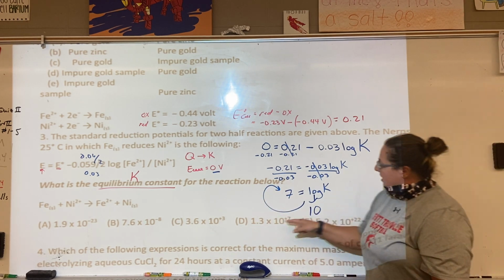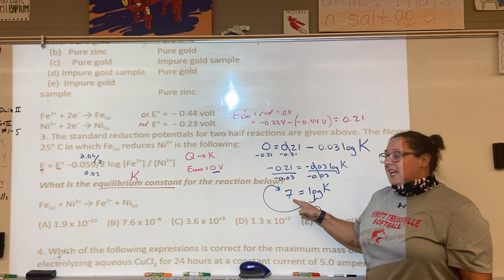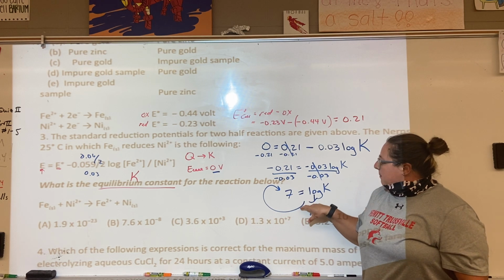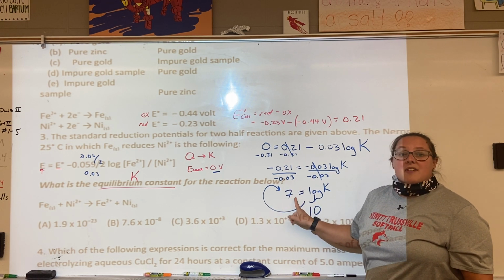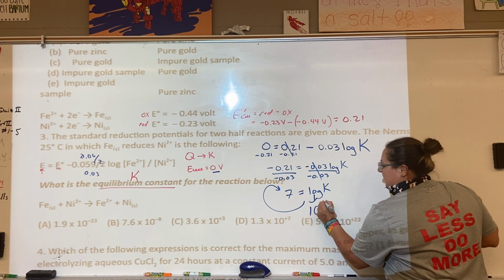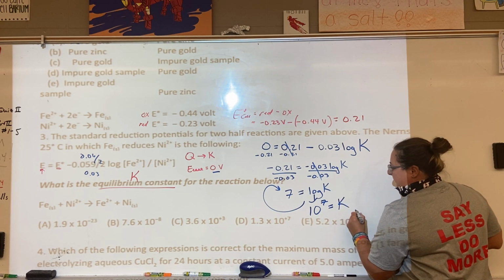You fish hook whatever answer is right here. It's called fish hook because that looks like a fish hook, and that means that I'm going to raise 10 to whatever power this answer is. So my answer is 10 raised to the 7th is equal to K.